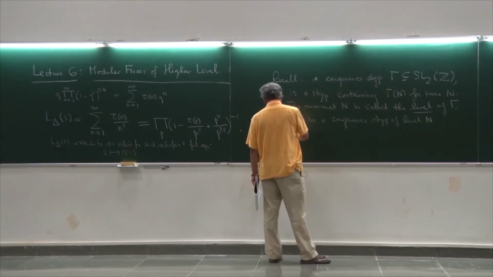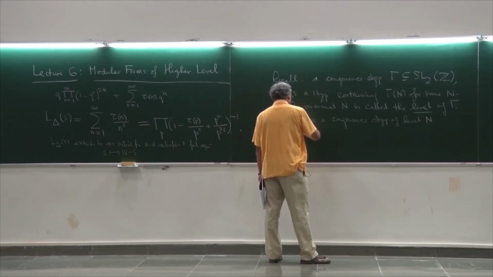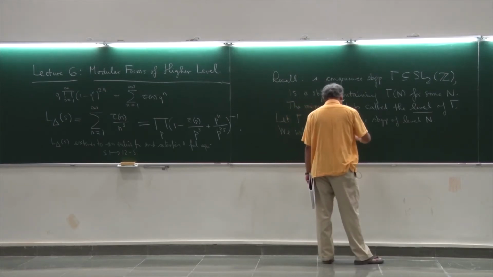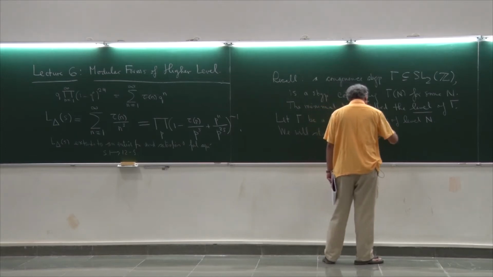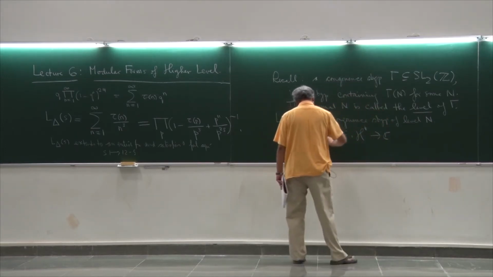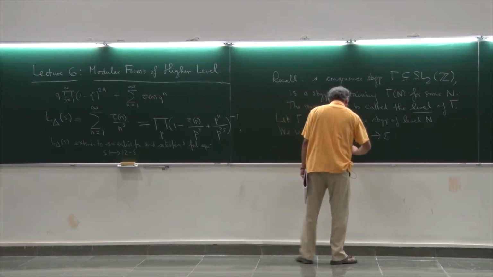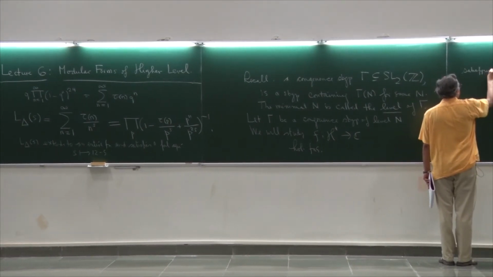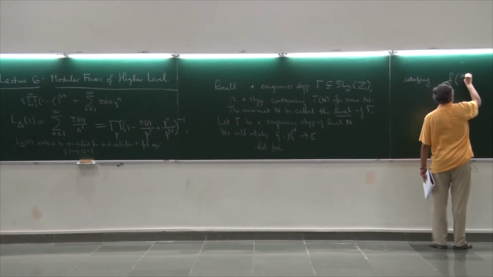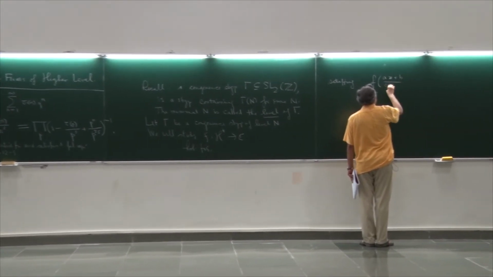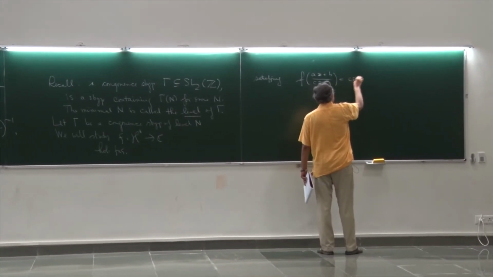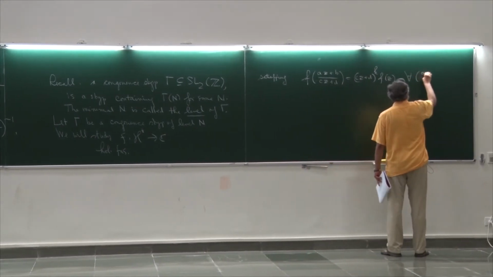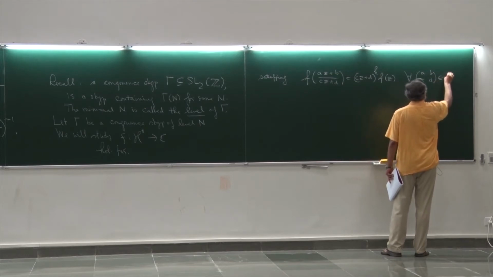We will study holomorphic functions on the extended upper half plane satisfying f of (az plus b) over (cz plus d) equals (cz plus d) to the power k times f of z, for all a, b, c, d in gamma.